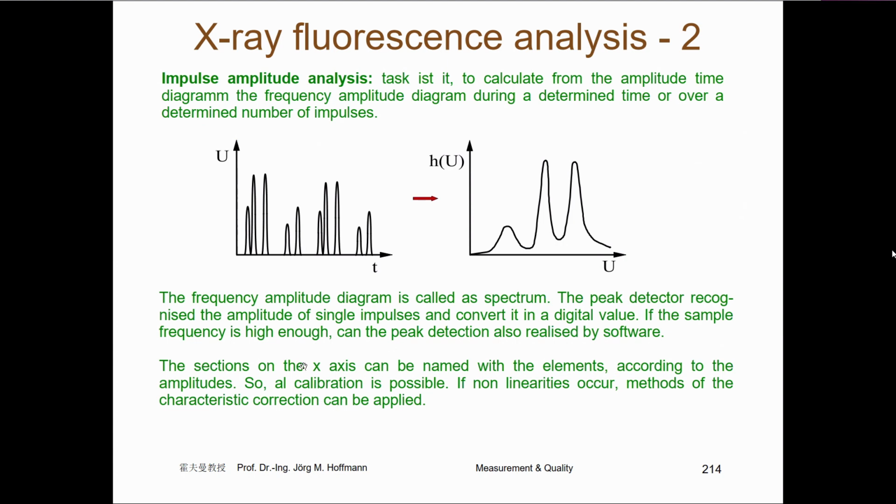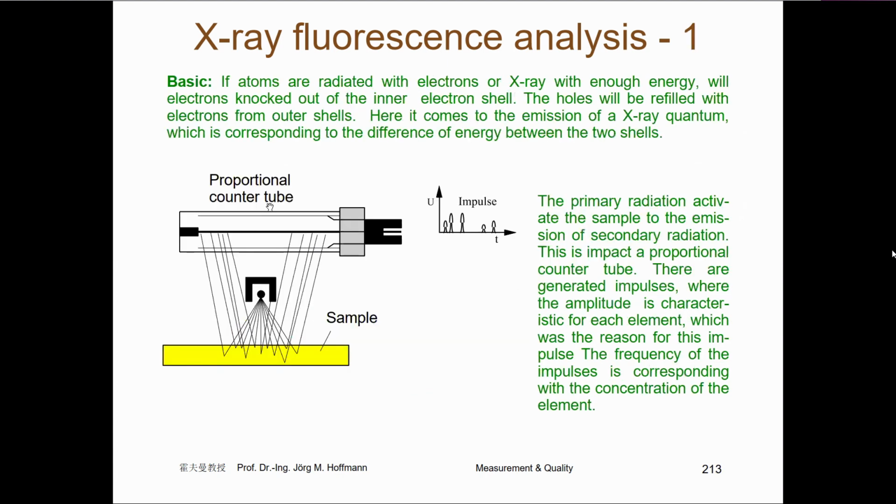And because to count is very easy, you can also determine very, very low concentrations. When you have very low concentrations, you have, for example, a huge amount of impulses from the basic material, from the copper, for example. But when you would like to measure how much gold is in this copper, then you have very, very few impulses from the gold.